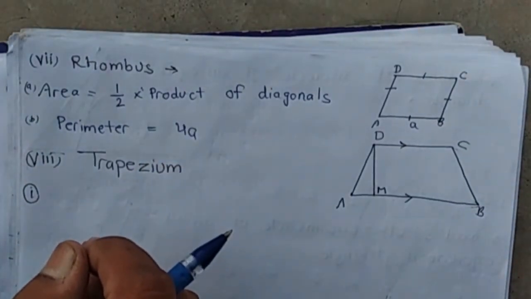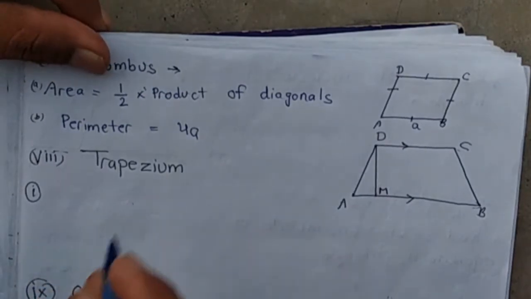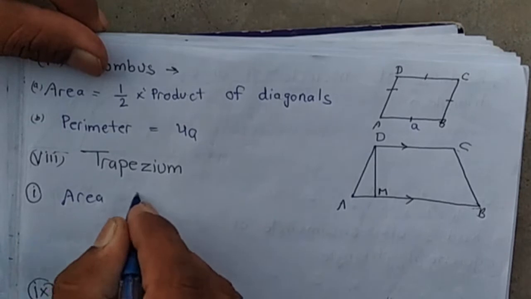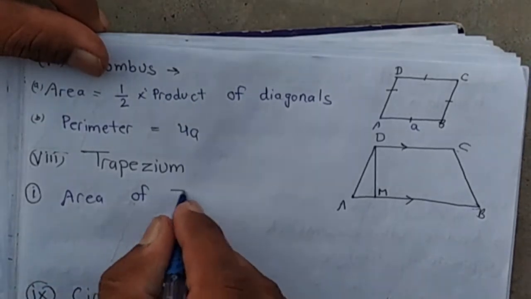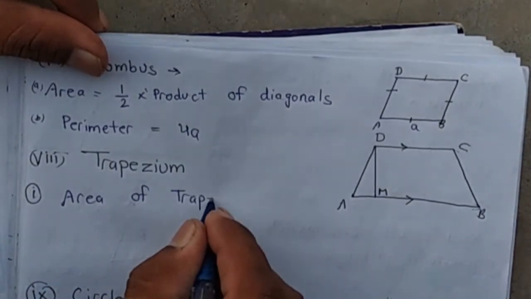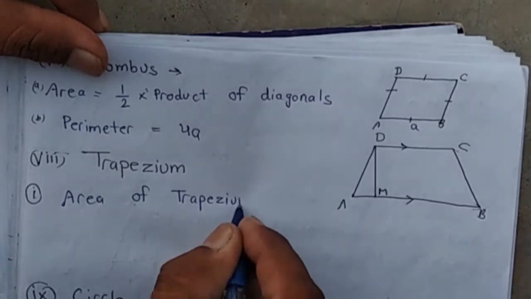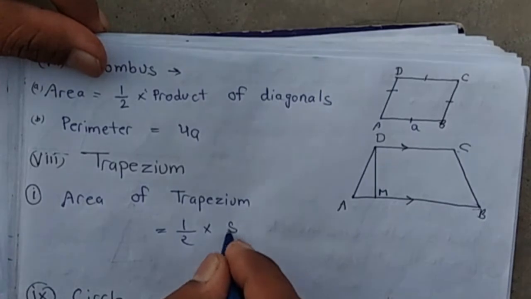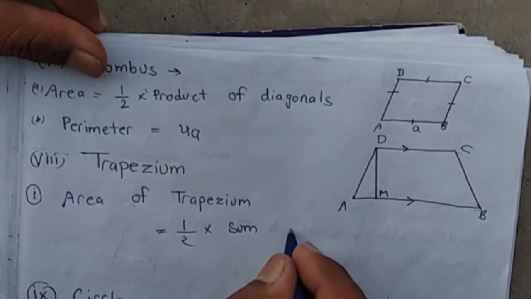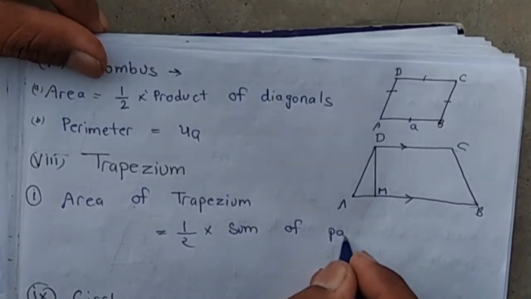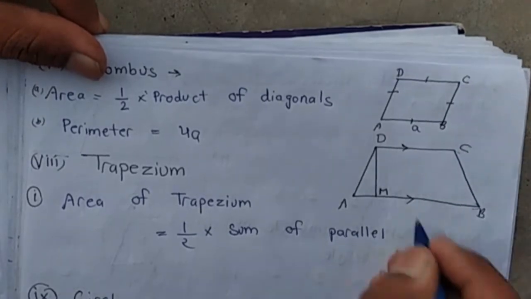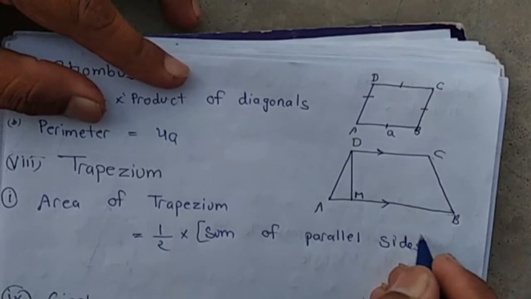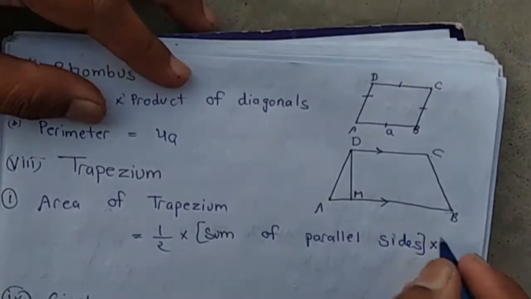Now trapezium. Area of a trapezium is equal to 1/2 into the sum of parallel sides into height.